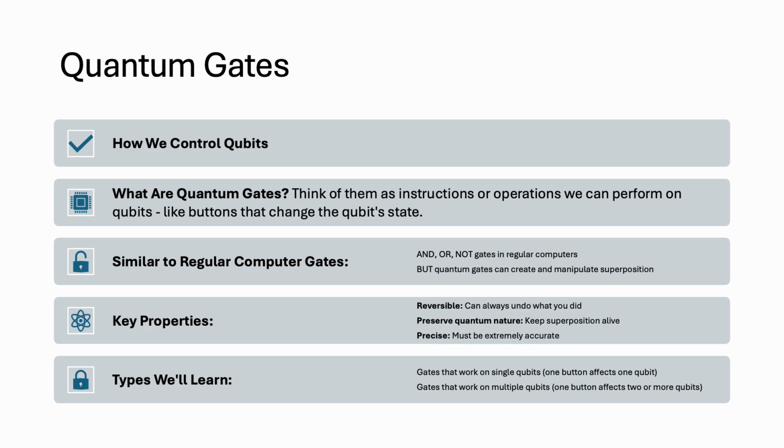Second, quantum gates are unitary, which is a mathematical term meaning they preserve the total probability of all outcomes. Essentially, they conserve quantum information. Finally, quantum gates preserve superposition. If you apply a gate to a qubit in superposition, you get a superposition of the results. These properties make quantum gates the perfect tools for quantum computing.